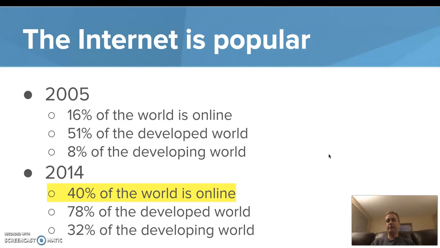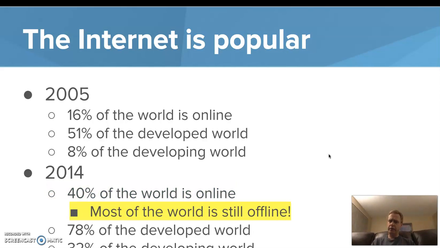Almost 10 years later, while things have increased, still the majority of the world is not online. It's now 6 years later, and these numbers are surely higher, but there still are definitely parts of the world that are not connected to the internet.